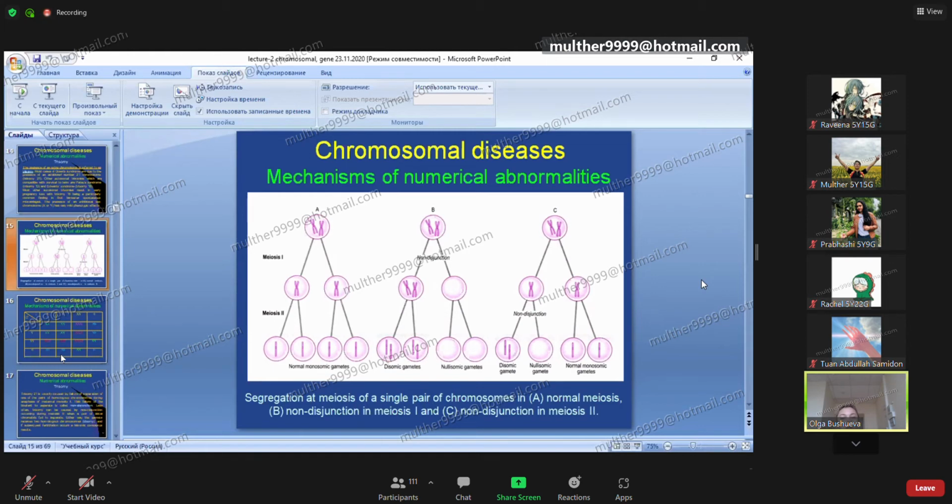These problems will be associated with disomic gametes, which will lead to trisomies.